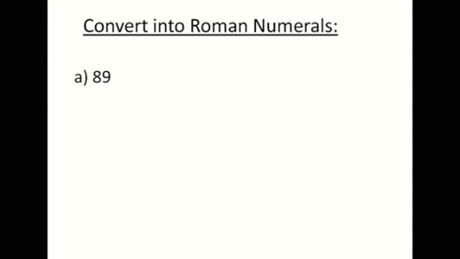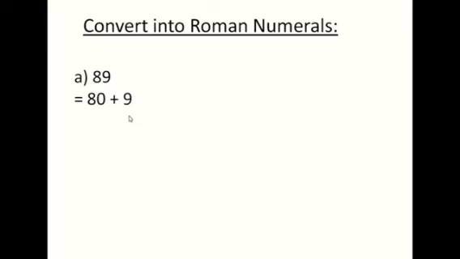It's a 2-digit number. If you write in expanded form, how to? Can you remember? So 89 means 80 plus 9.